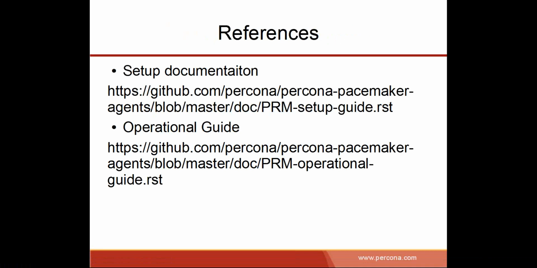Just for reference, if you want to build a PRM, there's a setup document available on GitHub. I try to maintain it with the new features. It may still lag a bit behind, but not much. There's an operational guide, so to do things like extra backups, adding nodes, removing nodes, and things like that.